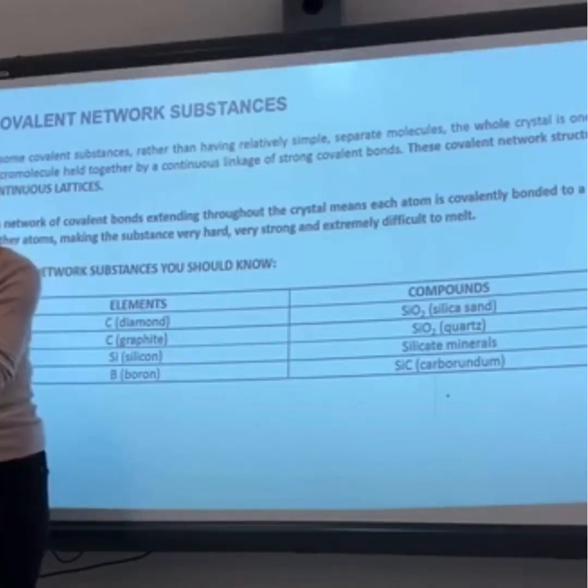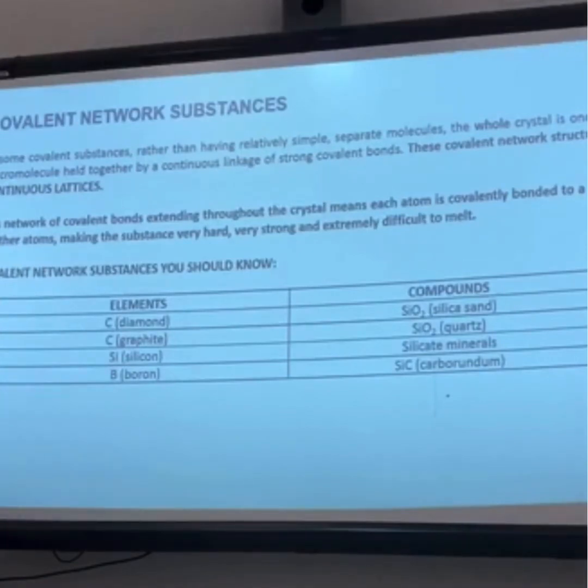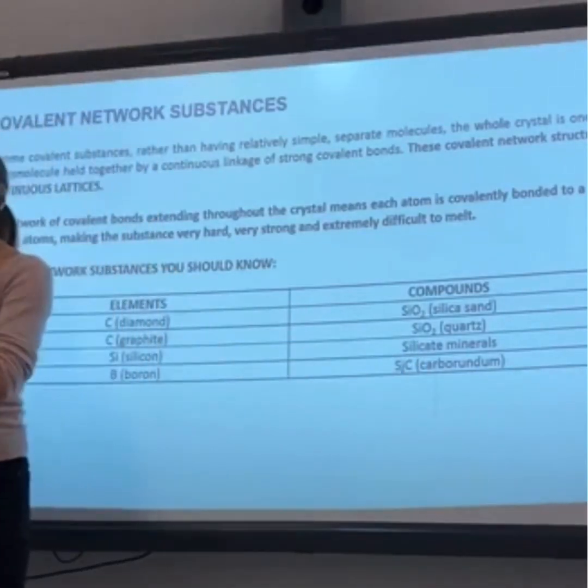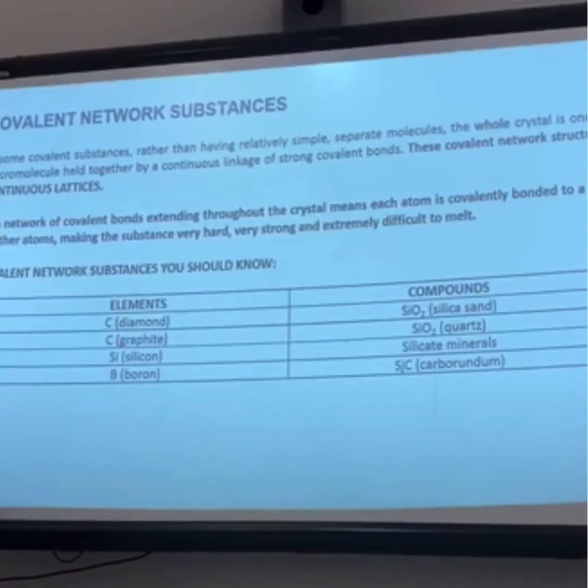So which ones form covalent network? Anything with silicon in it. If you see silicon anywhere, it's going to be covalent network. So remember, silicon compounds are covalent network, including silicon by itself. The other two you have to remember are boron by itself, which is covalent network, and carbon by itself, which is covalent network.